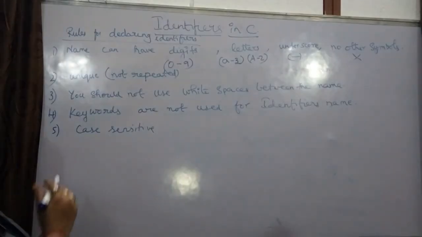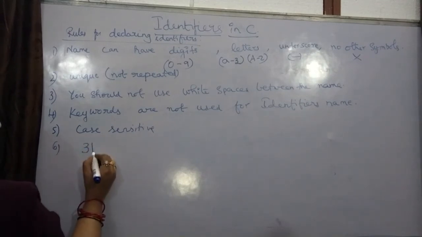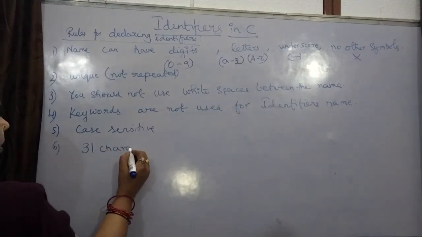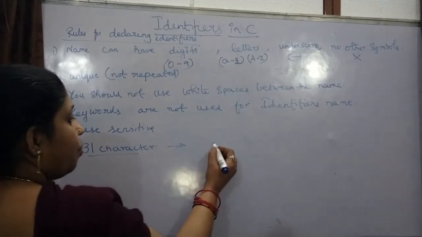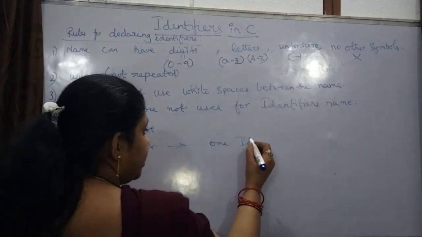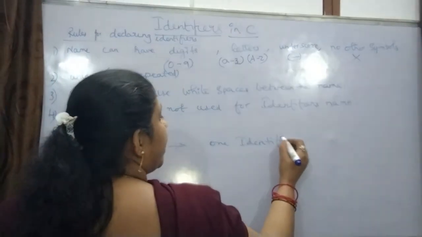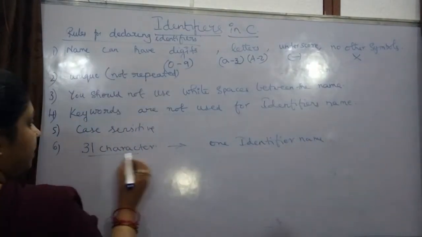Next, one more rule is that it can handle 31 characters at a time. That means one identifier name can have up to 31 characters.